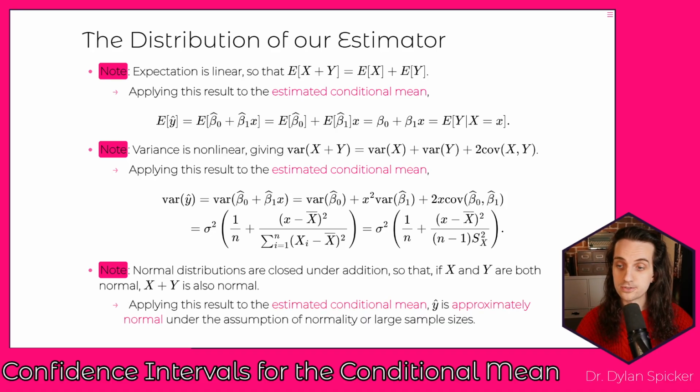Okay, and so as a result, because beta hat 1 and beta hat 0 are both going to be normal, if we are assuming either that epsilons are normal or we're assuming that we have a large enough sample size, then y hat is also going to be approximately normal. And so if we bring all of this together, then we can say that our distribution of the conditional expected mean is going to be approximately normally distributed with a mean equal to the truth and a variance given to us by our variance expression there.